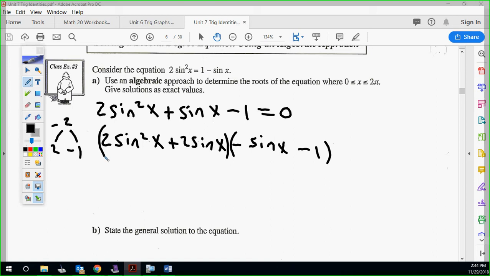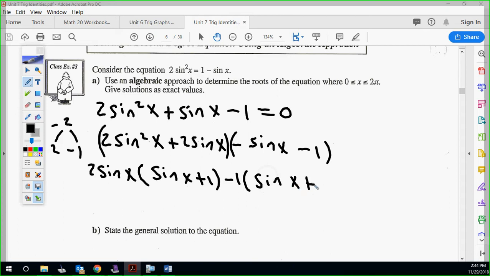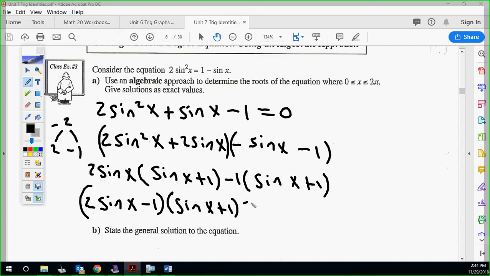And then we're just doing the part where we pull common out. 2 sine x comes out. Sine x plus 1. Pull the negative 1 out. Sine x plus 1. Okay. And so we get 2 sine x minus 1. Okay. So there's where we're at factored.